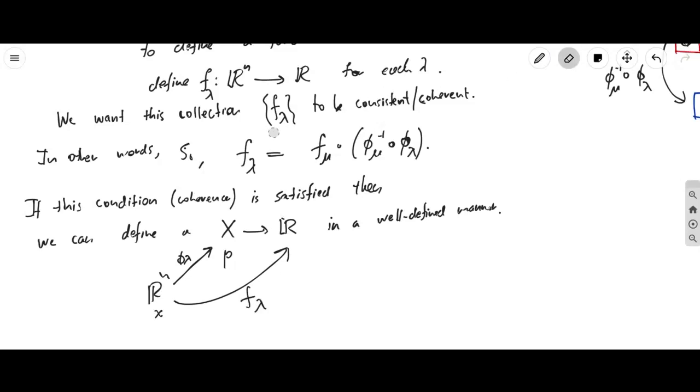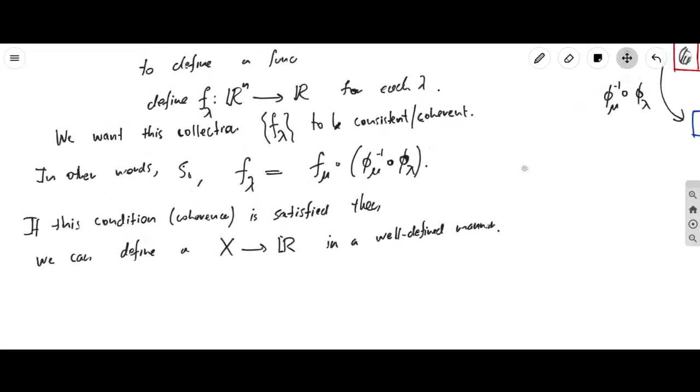I have a collection of functions in each chart. So I bring the point back into the chart, and then I use f lambda to send it forward. It does not matter what chart I pick, because if I use a different chart, this condition is satisfied, and so I end up at the same point again.